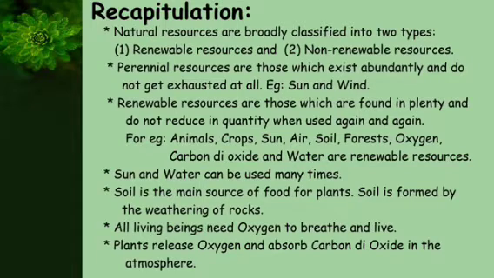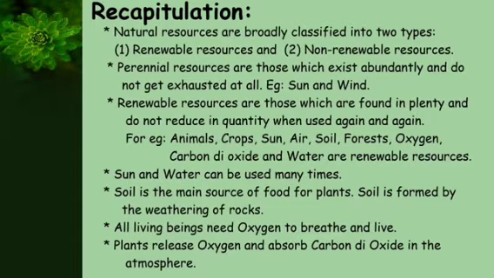Natural resources are broadly classified into two types: renewable resources and non-renewable resources. Perennial resources are those which exist abundantly and do not get exhausted at all. Example, sun and wind.